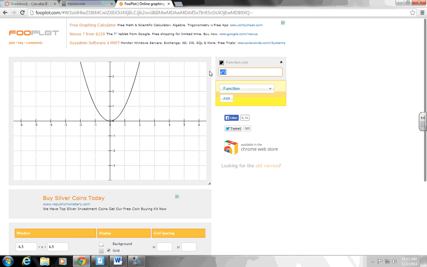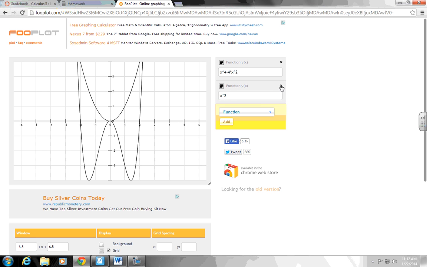So what was the first function? And what was the other function? Cubic minus 4x.